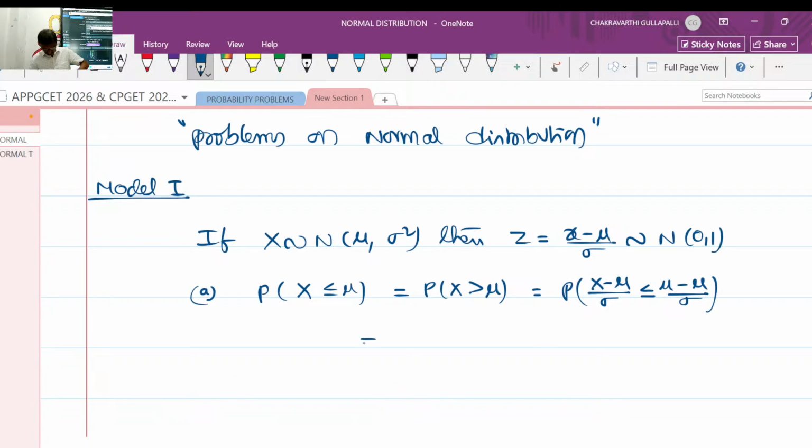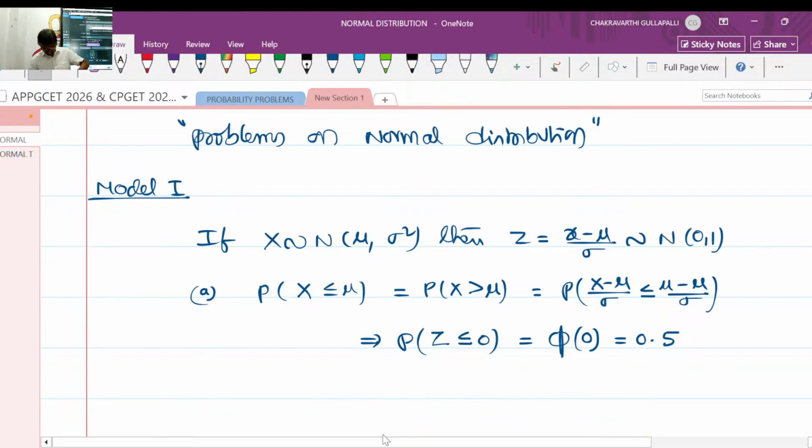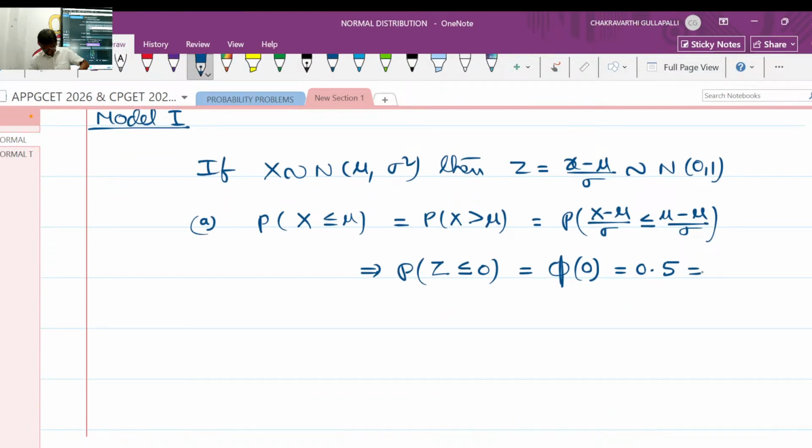Now this implies the probability of X minus mu by sigma, called Z, the standard normal variate, less than or equal to mu minus 0. That is CDF of 0. This value is equal to 0.5. Up to 0 it is 0.5, and above 0, Z greater than 0, is also 0.5.